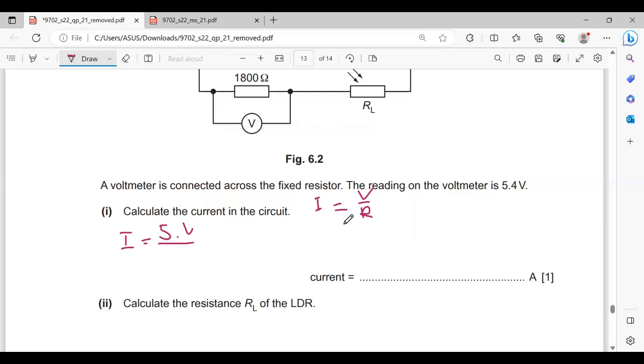Okay, how much R? 1800. Okay, so R equals 1800 ohms. I mean, okay, this is 5.4 volt, the potential difference.